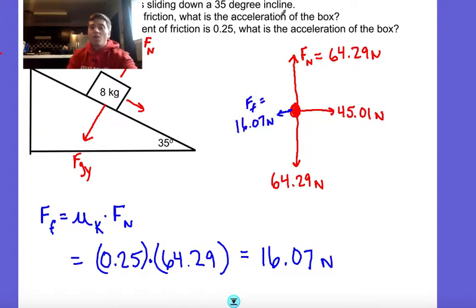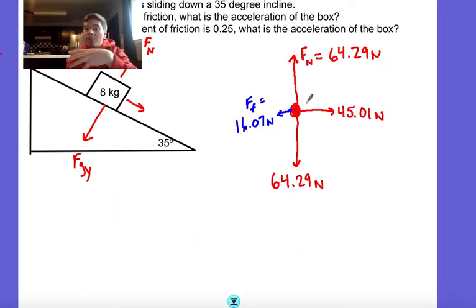Okay, what's the acceleration of the box then? Well, before, when we were finding the acceleration, we only had one force going this direction. And so we said, okay, we got this full 45.01 newtons pushing in that direction. We can find that acceleration from there. But now we have something working against it. So what we have to do then is sum the x's.